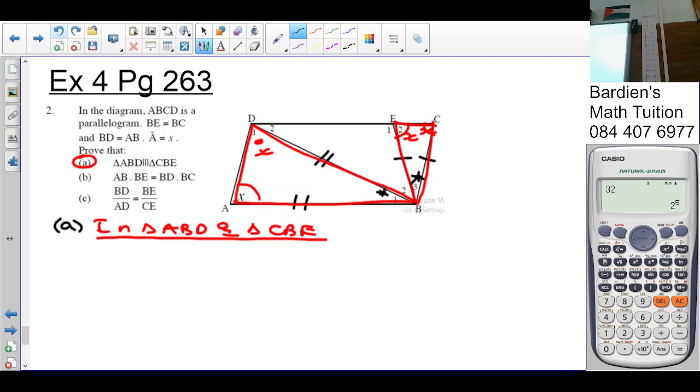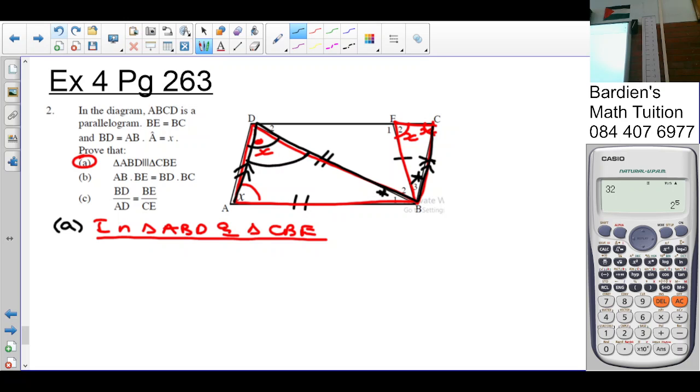Yes, Michael? Would it be wrong if I say B1 equals B3 alternatively? B1 is equal to D1. Let's find D1. D1 is equal to B3. We're saying that a line is parallel to that line, not so? Let's see here. Can you see that?